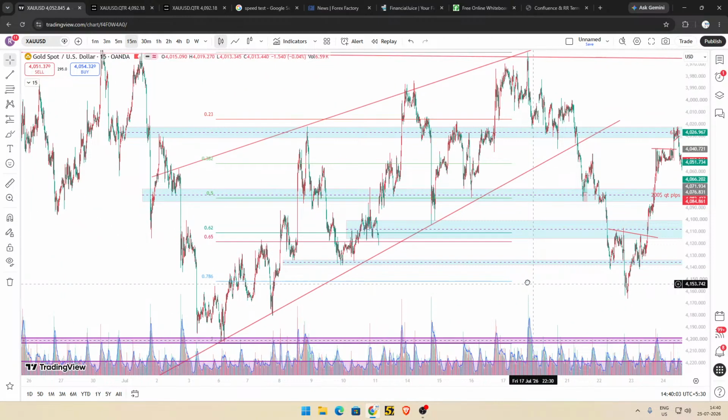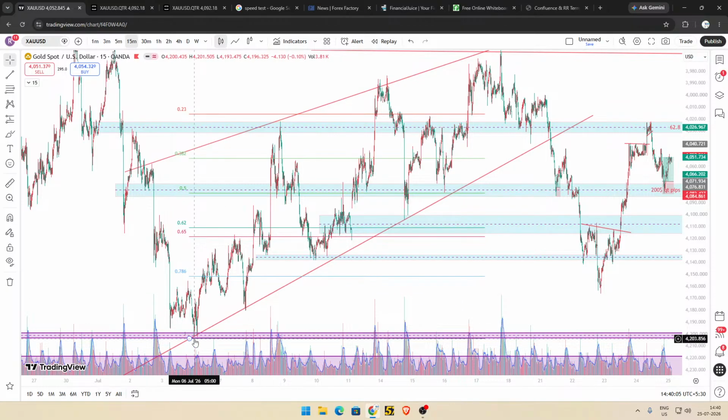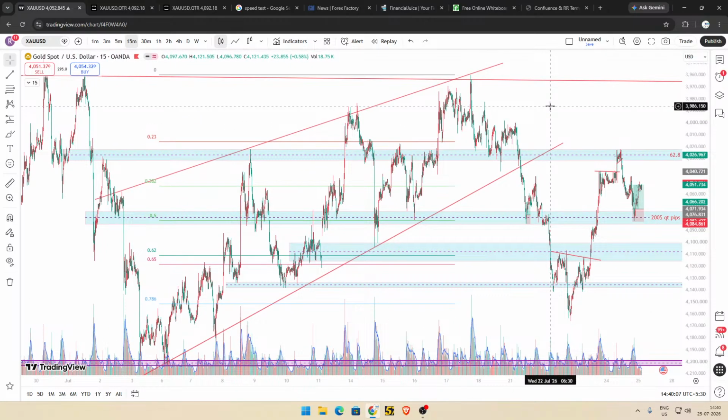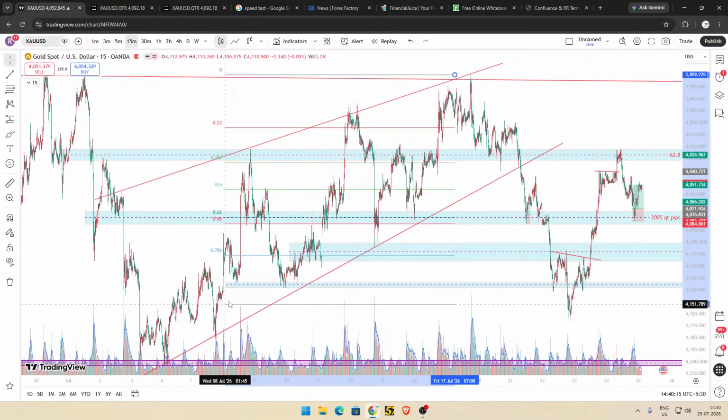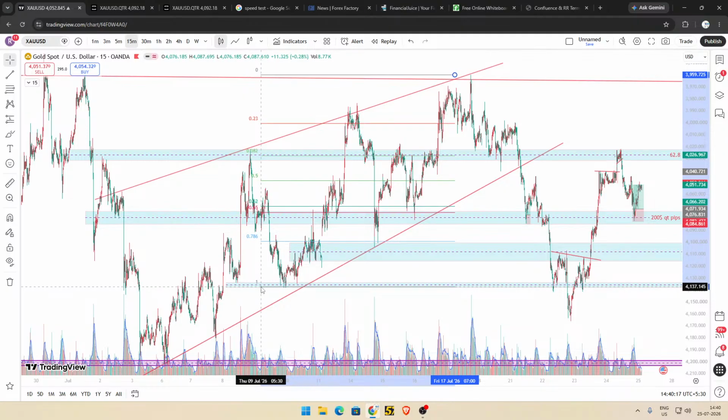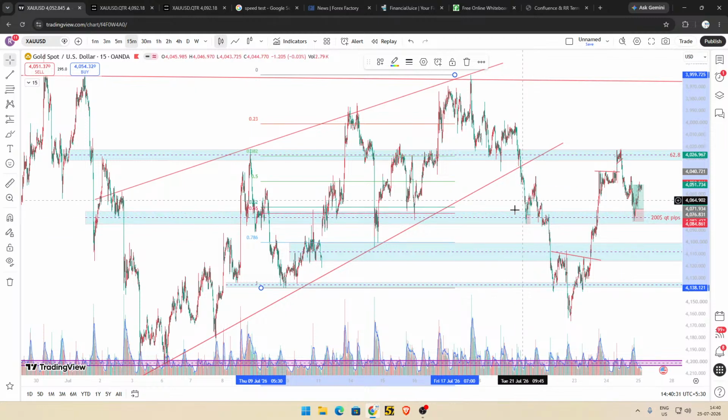Because from this bottom to that top, if you see, there is a 50% retracement area, and also if you pull the Fibonacci from this zone to that zone, you can see it had penetrated the 62% area. So that is the only reason it acted very nicely from this area.